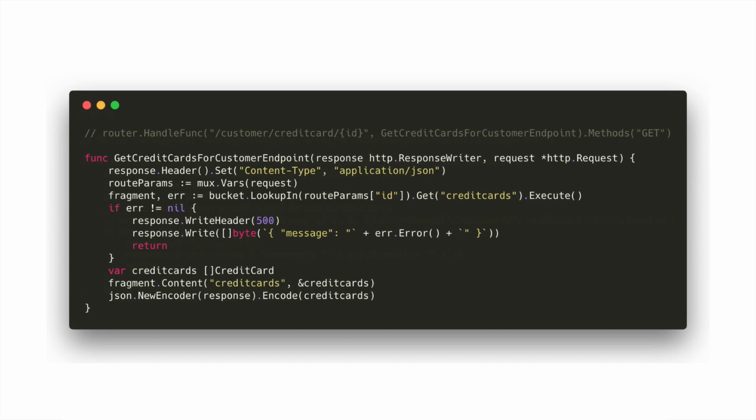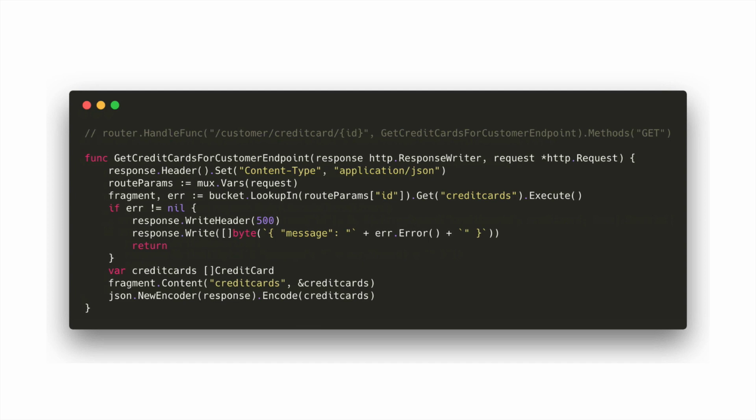Now let's say you wanted to get that document. In this case, this is the same endpoint, except instead of put, it's a get. We're saying we want to get that ID from the route parameters. And instead of mutate in, we're saying lookup in. So with the lookup in, we can provide the ID for that document that we want to look up, and we're saying we want the data that's in the credit card's path, so the property.